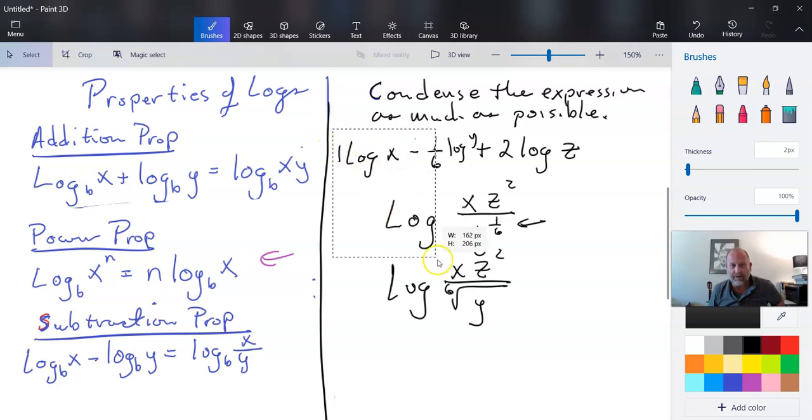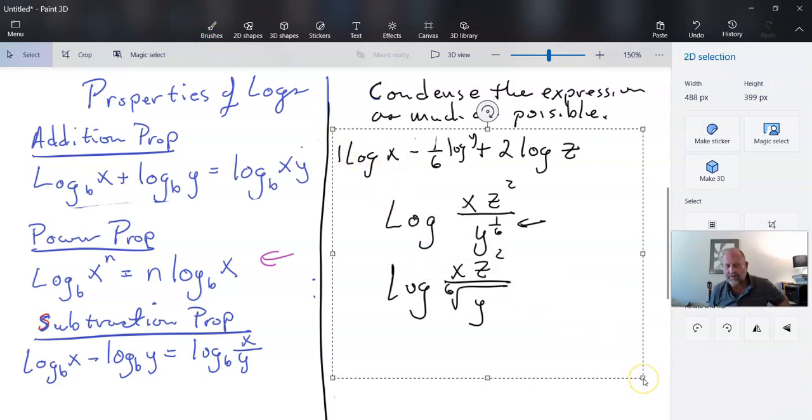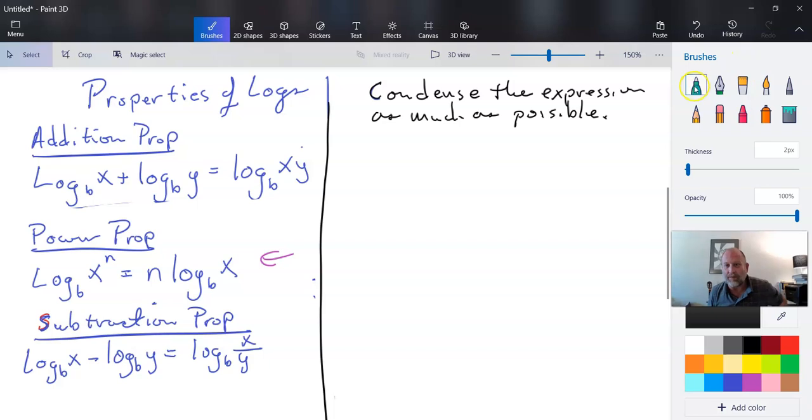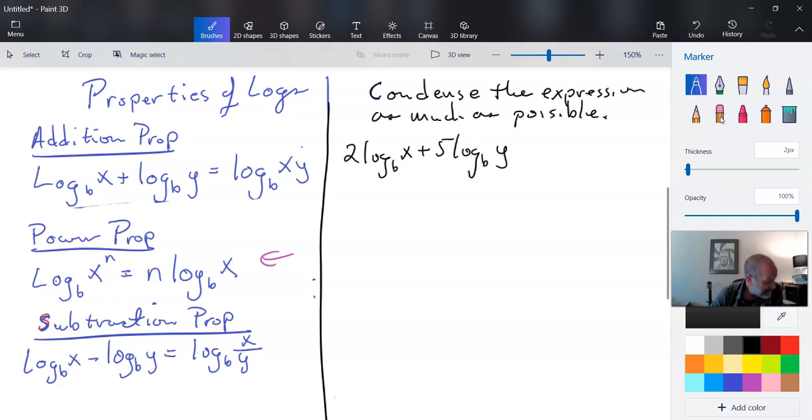Okay, so let's look at another one here. I want to give you a couple to play with. These are for you. So let's go ahead and start with 2 log base b of x plus 5 log base b of y.